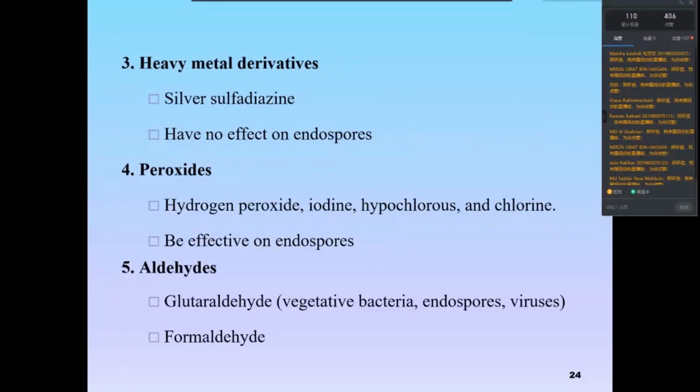The last one is aldehyde, including glutaraldehyde or formaldehyde. These chemicals can kill vegetative bacteria and also endospores and viruses. Usually, in our research lab, we use these chemicals as a fixing agent to fix different types of cells.